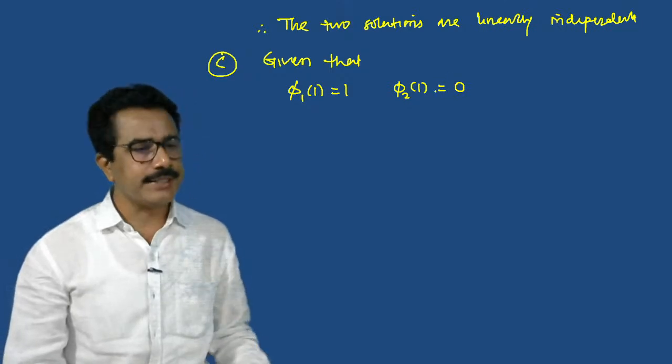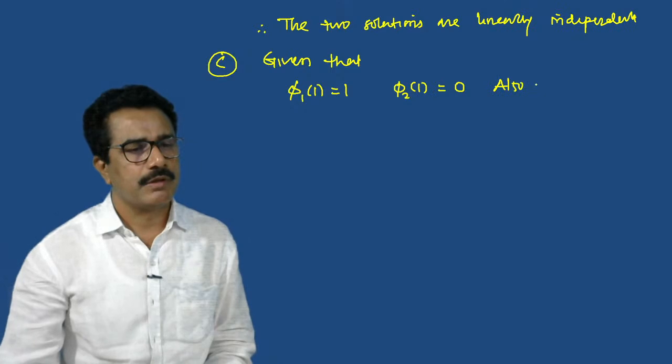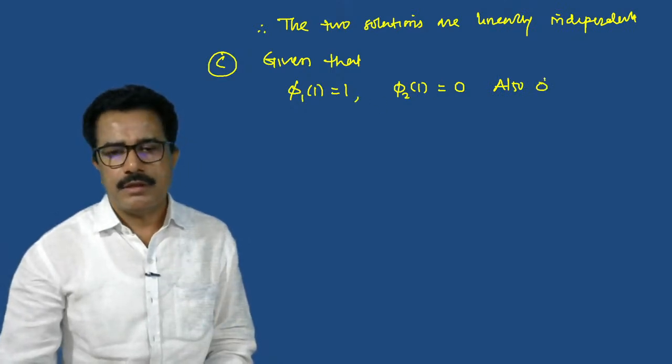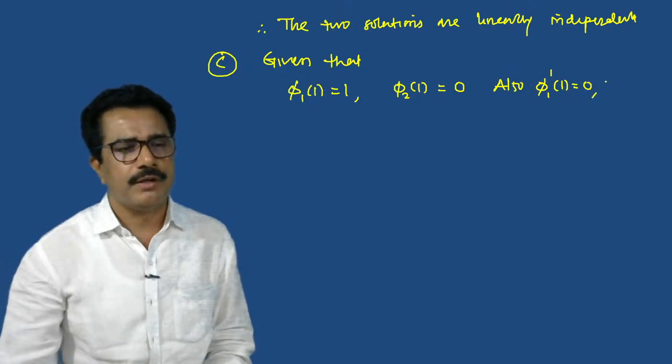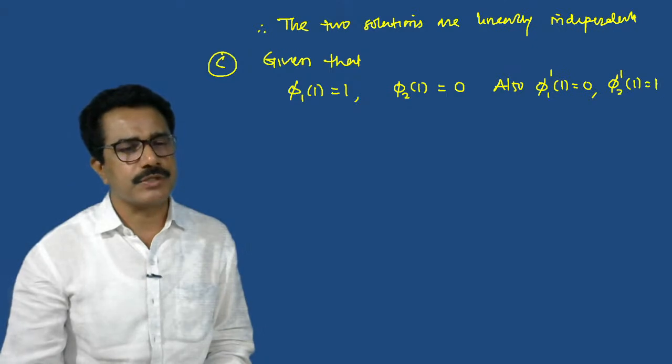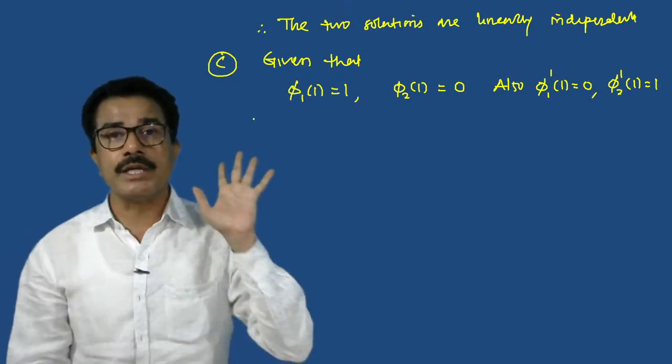So we get, and also phi 1 dash of 1 is equals to 0, phi 2 dash of 1 is equals to 1. Now we have to find out the two particular solutions.